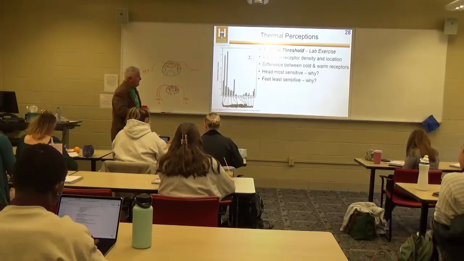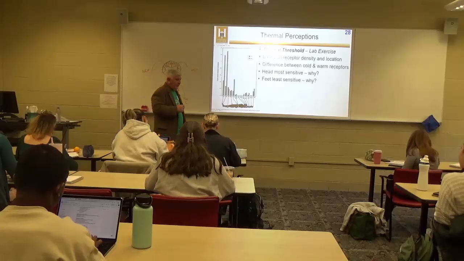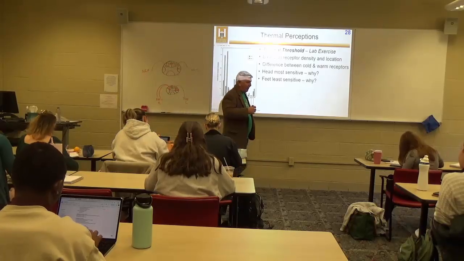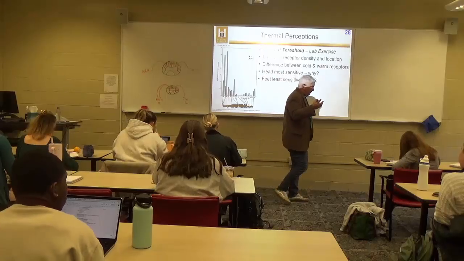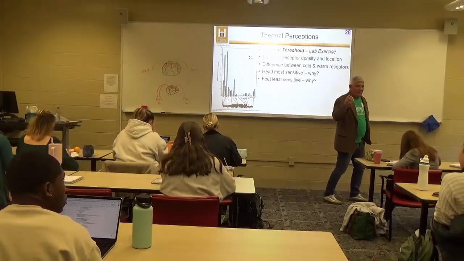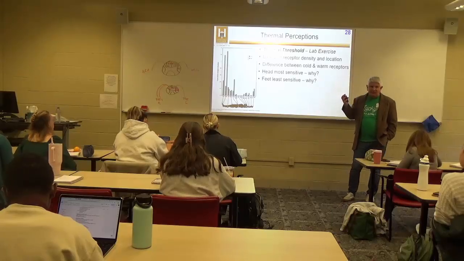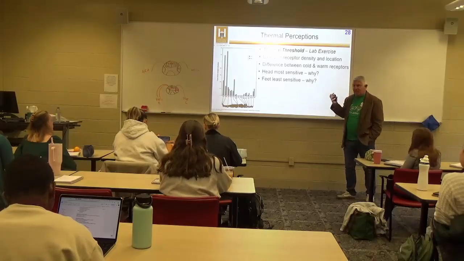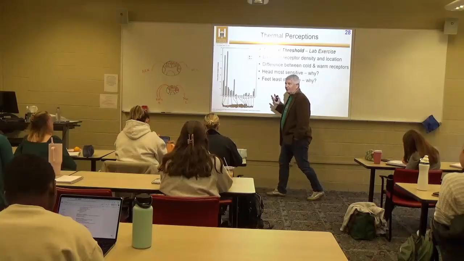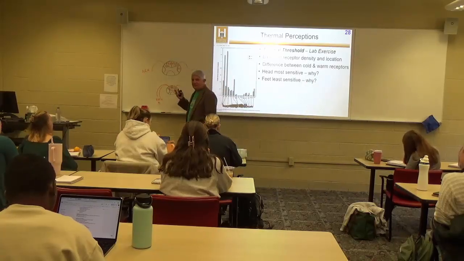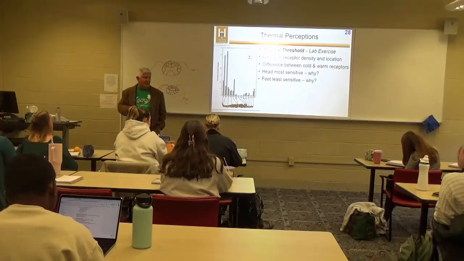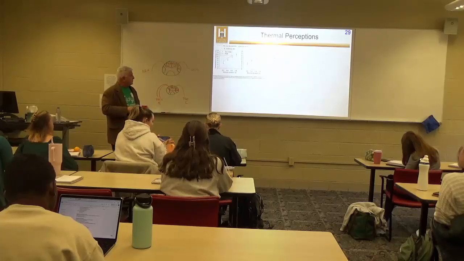And the feet are least sensitive, again, because probably for many, many years our feet were very exposed to the environment. We weren't wearing shoes, we didn't have good shoes or clothing. And so over time, you would want them not to be as sensitive to thermal sensitivity. All right.